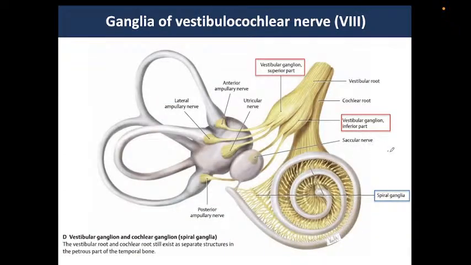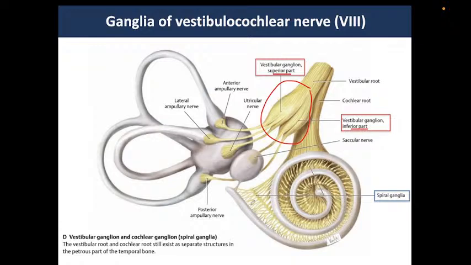The next slide shows us the ganglia of the vestibulocochlear nerve. And you see that the vestibular ganglia are distinguished into a superior part and an inferior part.